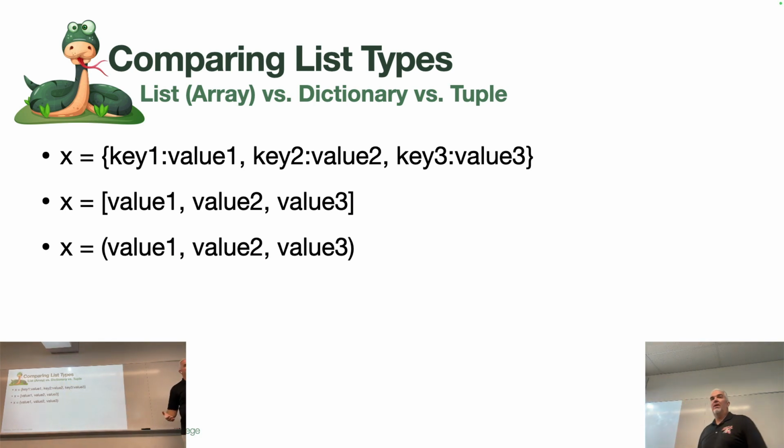Obviously, we use parentheses for a lot of other things, but when we use parentheses as the value with an assignment operator, what we're doing is creating a tuple. Now, if I had a word right before this, I would assume that those were parameters for a function. But since I'm doing x equals, I'm creating a tuple here.